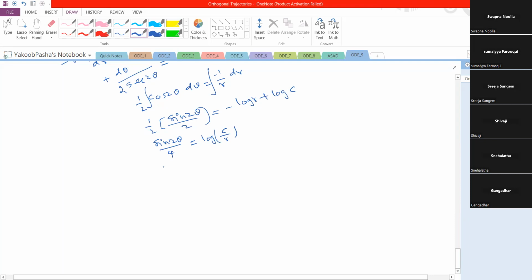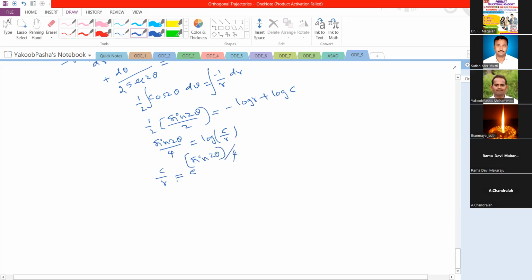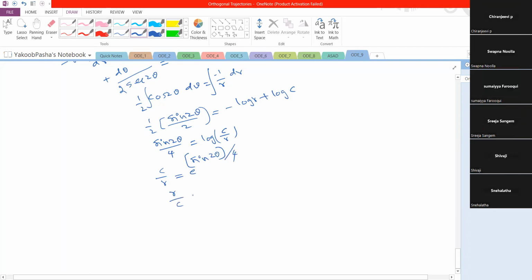So from this we can write c by r is equal to exponential of sine 2 theta whole divided by 4. Okay. Now we can take the reciprocal. So r by c is equal to 1 by e to the power of sine 2 theta divided by 4. So r is equal to c into, take to numerator, so we get e to the power of minus sine 2 theta by 4.